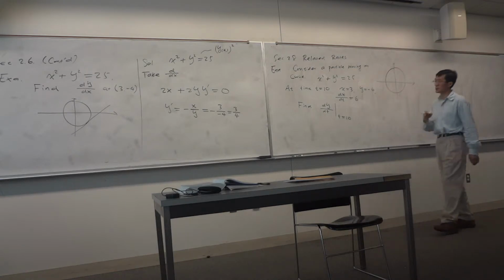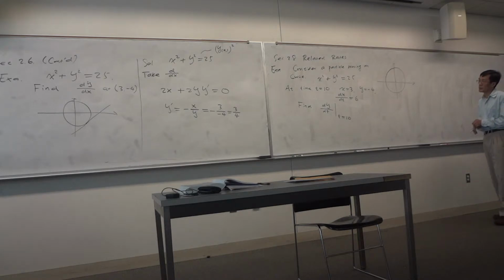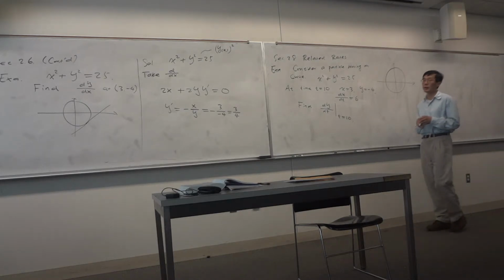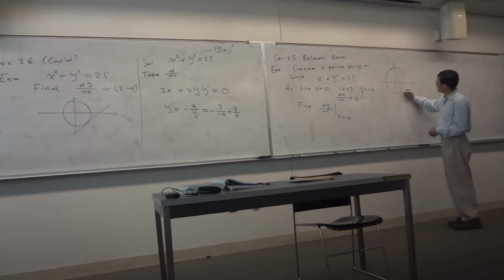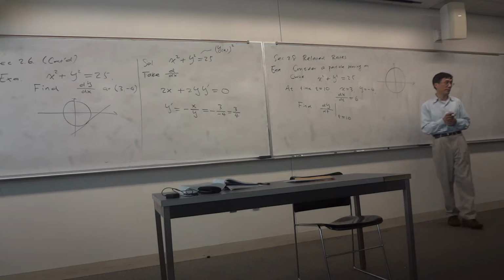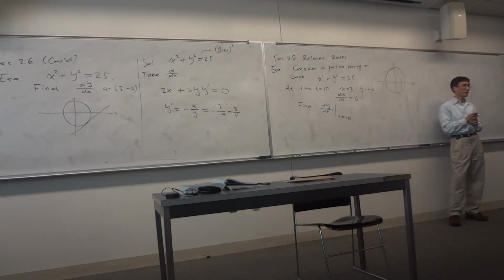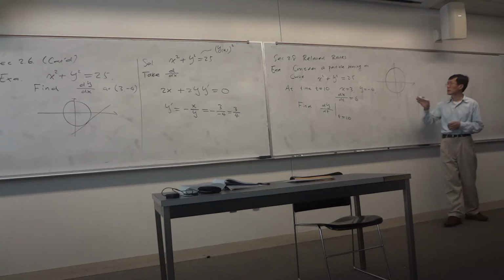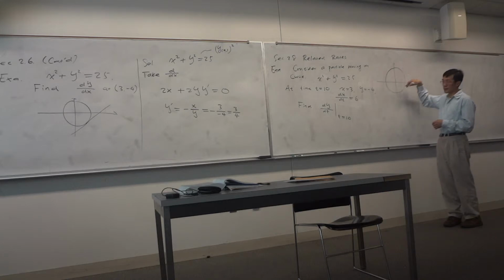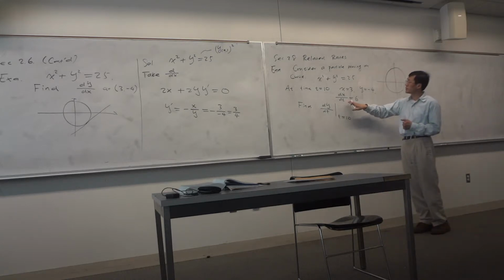Same circle as before. And at a particular moment, when t equals 10, the particle is at this point, which is x equals 3, y equals -4. Okay? So the particle is moving on this circle here. And what does this say? dx/dt equals 6.